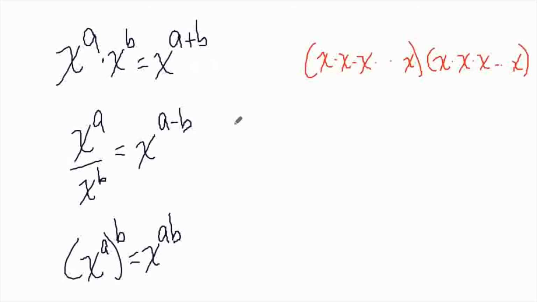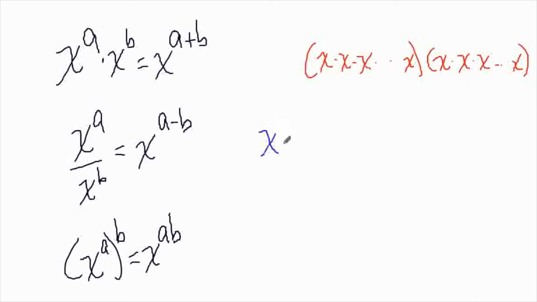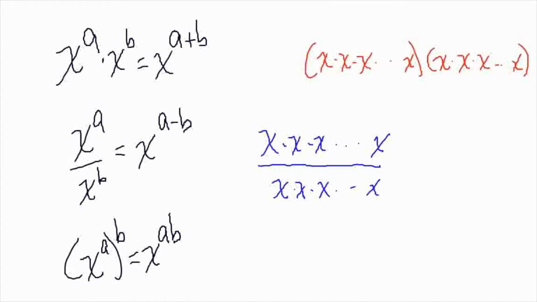All right, let's think about the quotient rule. All right, so for that one, you have a x's on top. All right, and then on bottom you have b x's. Right, and you may recall from your algebra class that when you have factored forms on the top and bottom of a fraction, that you could cancel like terms. All right, so suppose that we went ahead and did that.